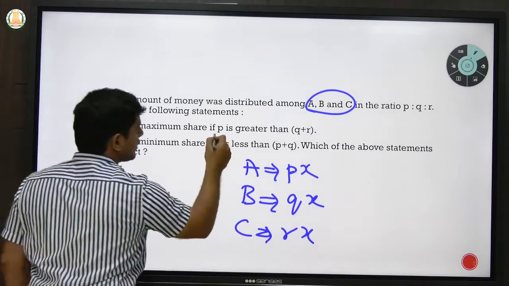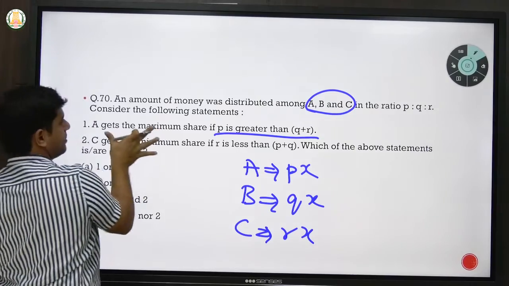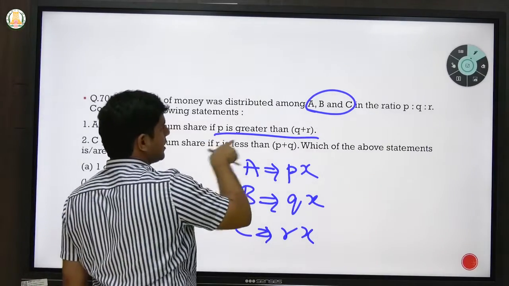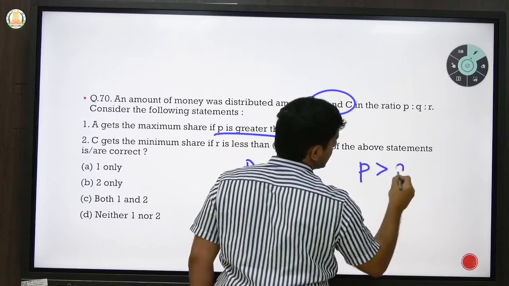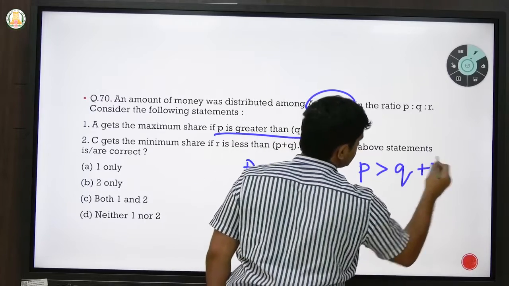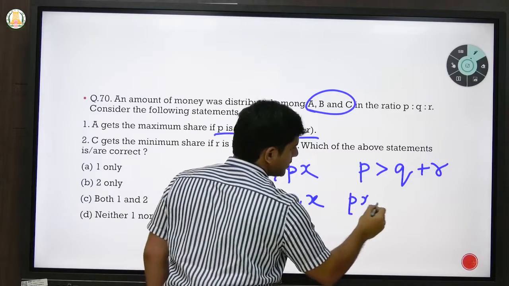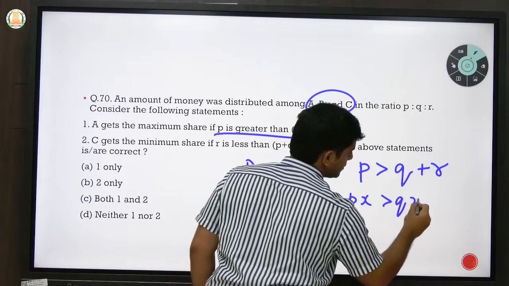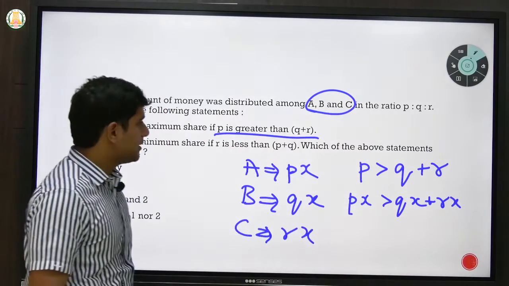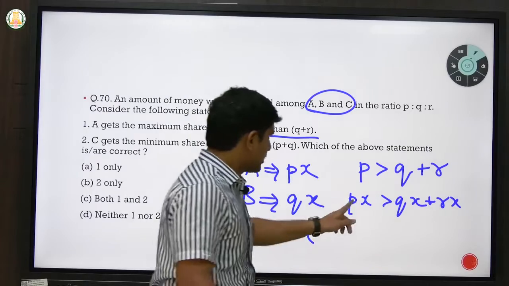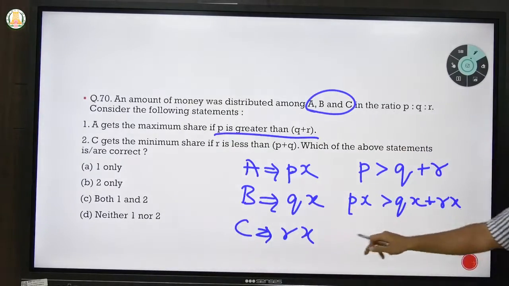So, first you have to understand this statement, and if this is true, then the other will be true. In this statement, it is saying P is greater than Q plus R. Okay, let's assume that P is greater than Q plus R. Then this also means Px is greater than Qx plus Rx. Okay, that means the share of A is greater than the share of B plus the share of C combined.